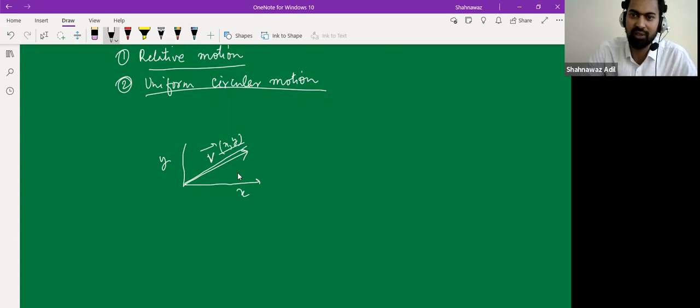That is how the motion is in 2D. So this velocity will have X part, X component, and the Y part. That is how you break the vectors. So this velocity will have two parts.